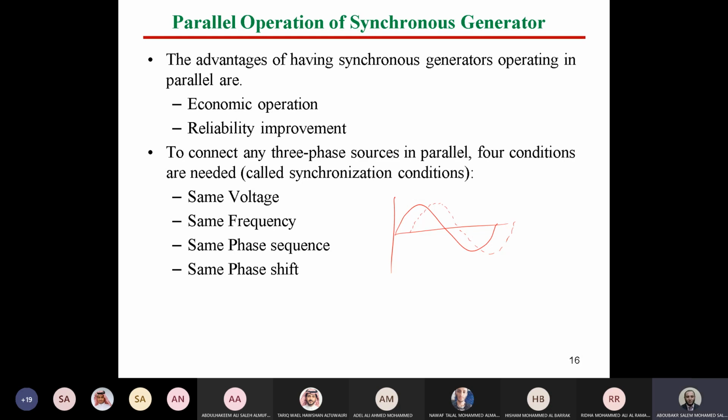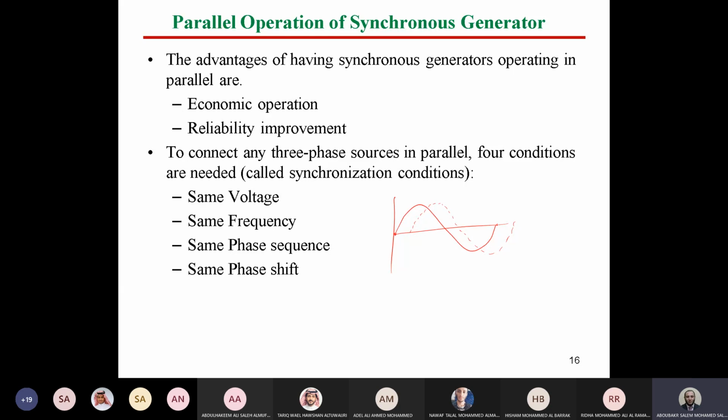How can we connect these sources in parallel, or what are the conditions to connect these sources in parallel, guys? Should be identical. Exactly. The two sinusoidals should be identical and should start from the same point. So both of them have to be on top of each other, right? Both of the waveforms have to be on top of each other to be connected in parallel.